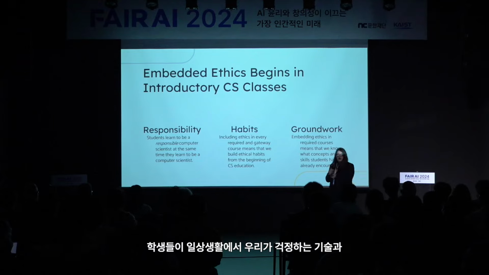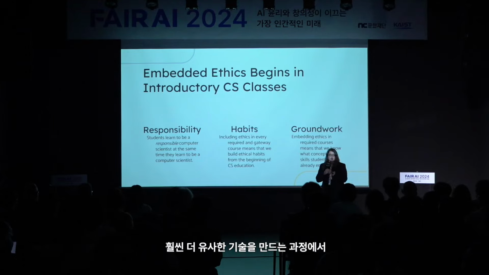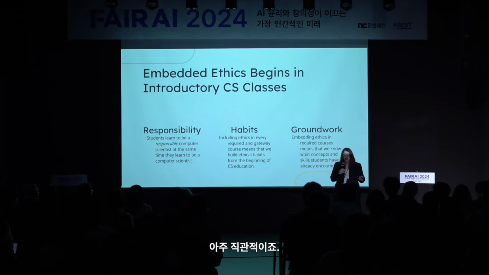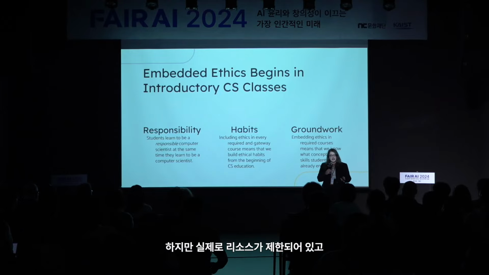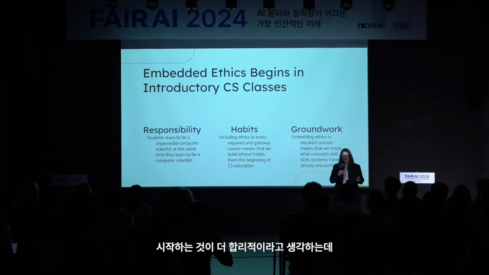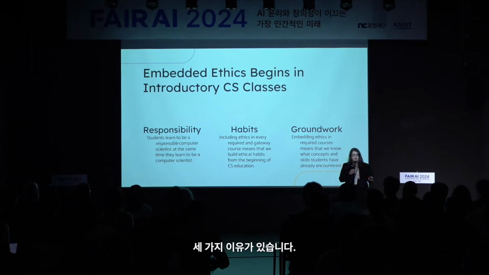We should put ethics first in the courses where students are building technologies that are much more similar to the technologies that we're worried about in day-to-day life. That is intuitive. But I think if resources are limited and if you have to start somewhere, it makes more sense to start with the introductory courses. And there are 3 reasons for that.